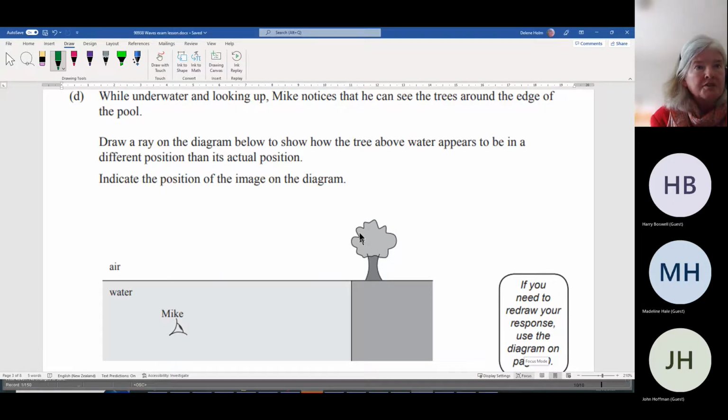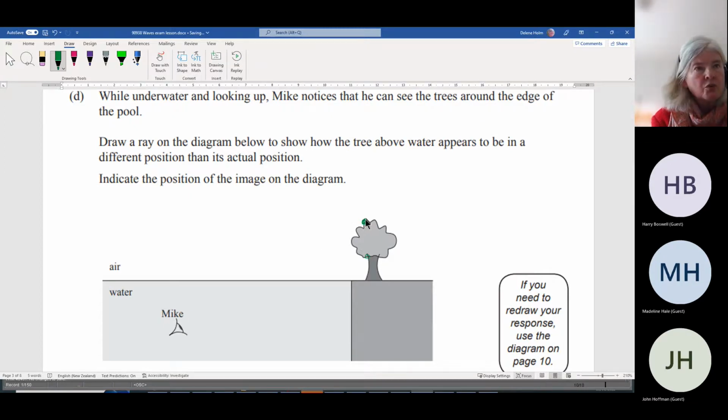So just take a point. I'm going to take the top of the tree, because that is going to be the top of the tree of my image. You could take another point, and then you know where the trunk ends. So you just draw two light rays in the direction of Mike.